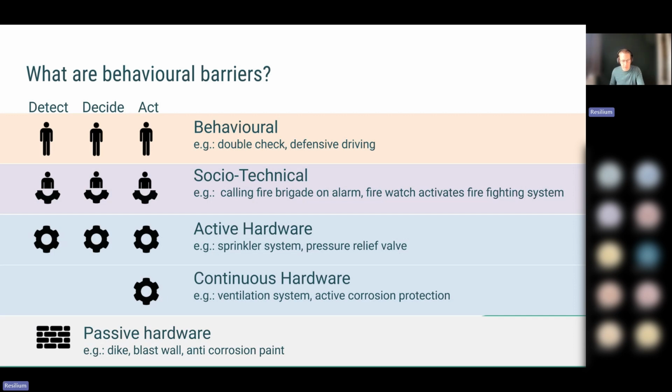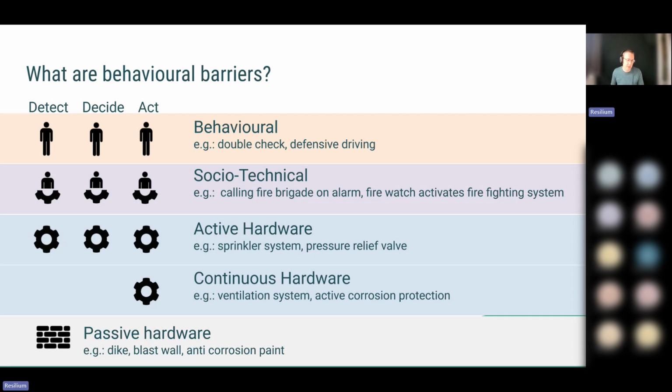So continuous hardware is about stuff that you turn on and then you never turn it off, and it just acts continuously. So like a ventilation system, you can turn it on and then you just keep running it, and there's no change based on some detection. Active corrosion protection, where you run a current through a pipe, is another example. You just keep running it, and there's no action that follows a detection.